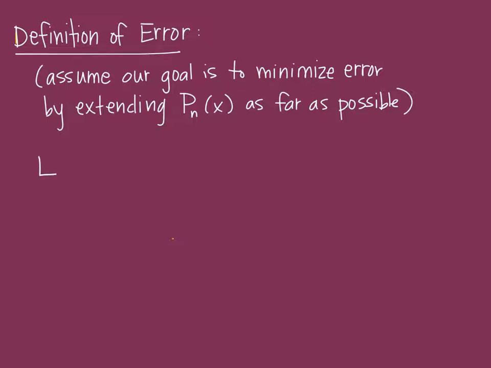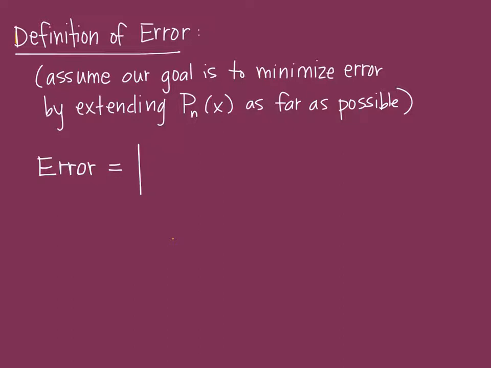The definition of error is the absolute value of the term that you cut off. If you cut off at P7, then the definition of error is the 8th term.